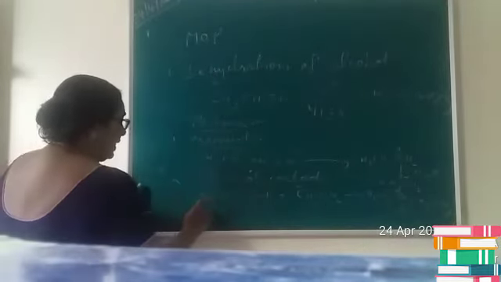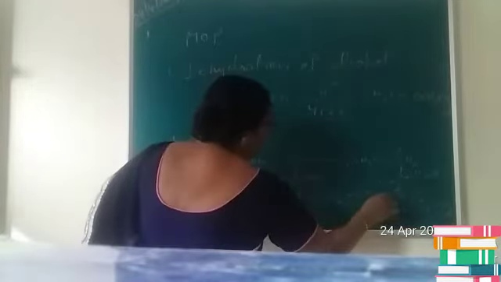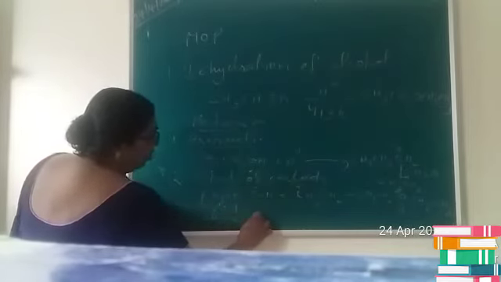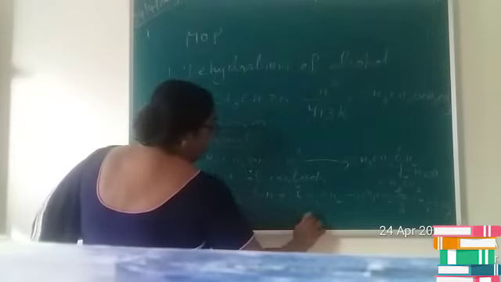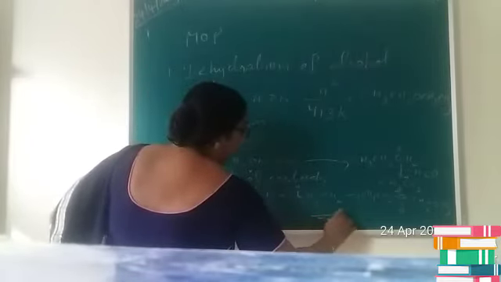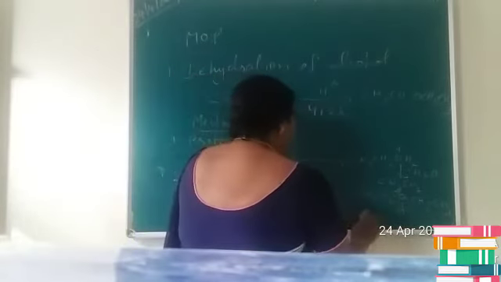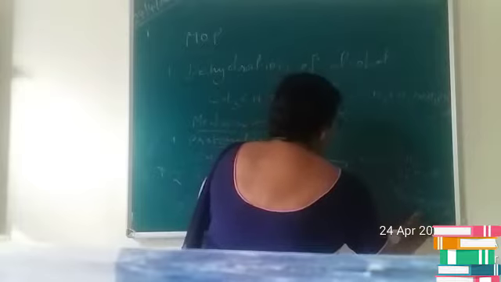So the last step is deprotonation. We remove one H+ from here, that is, CH3CH2OH+CH2CH3 loses a hydrogen ion, that is, it loses one proton and produces ether. Is it clear, children? That is how the mechanism takes place.